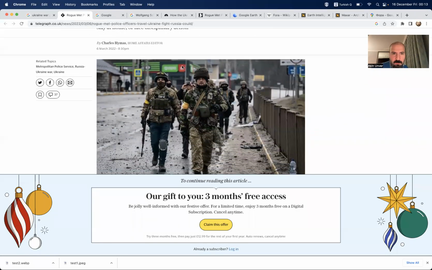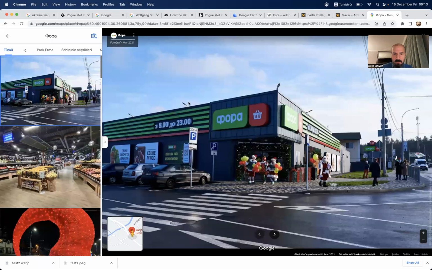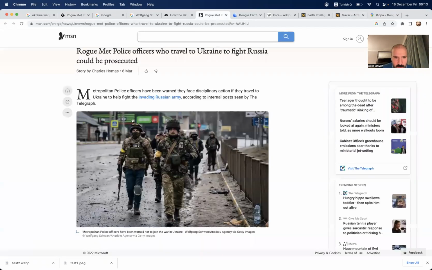So here in the background, this Fora has its green multiple lines followed by the brand name. So I'm checking if this, yes, so it's lines followed by the brand name, and here as well.